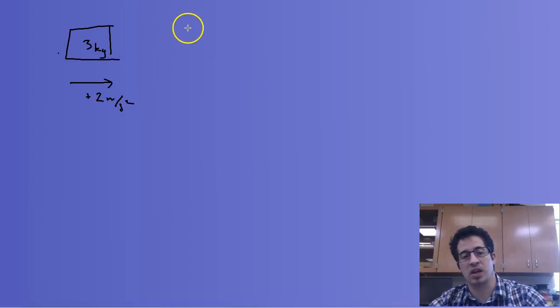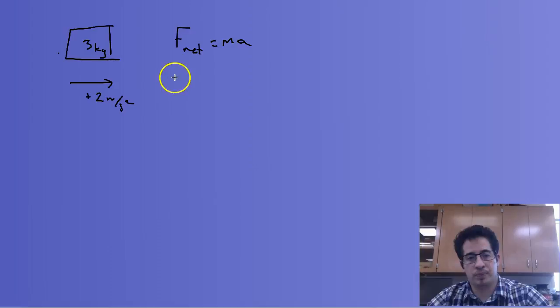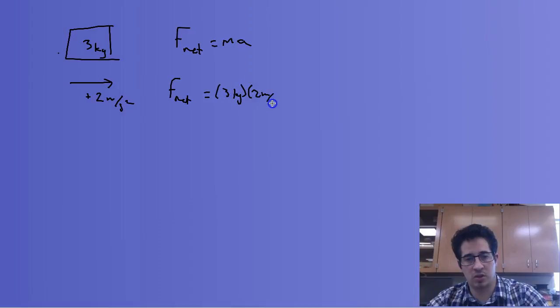Well, we can use the second law equation, that net force equals m times a. Okay, well, so we plug it in, and we see, okay, 3 times 2, so 3 kilograms times 2 meters per second squared. Okay, and we get that the net force is equal to 6 kilogram meters per second squared.